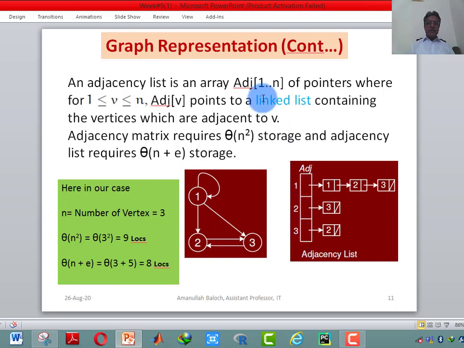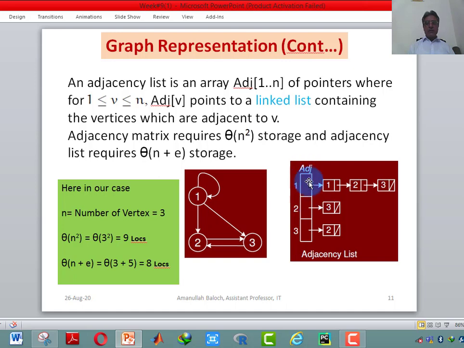At each location we will store addresses, which are called pointers, like an arrow pointing to some node.